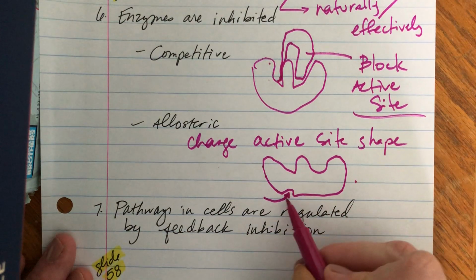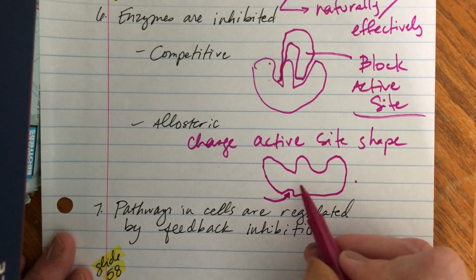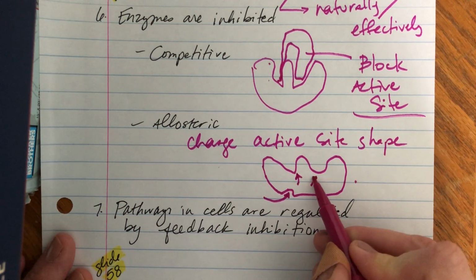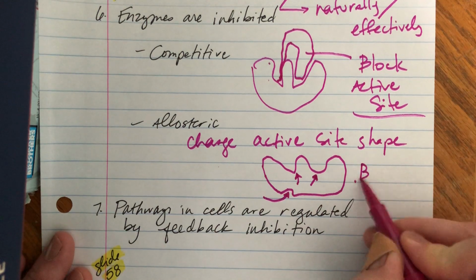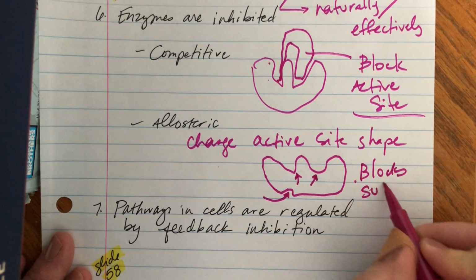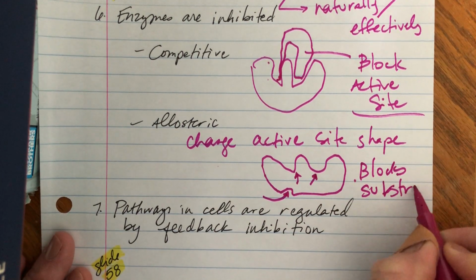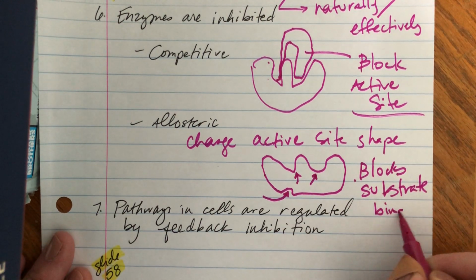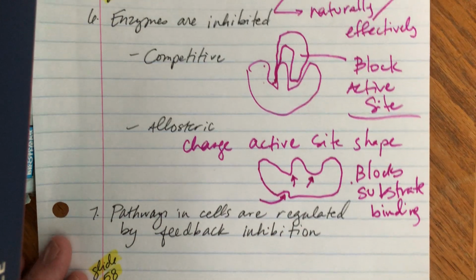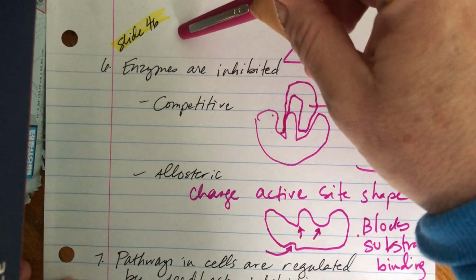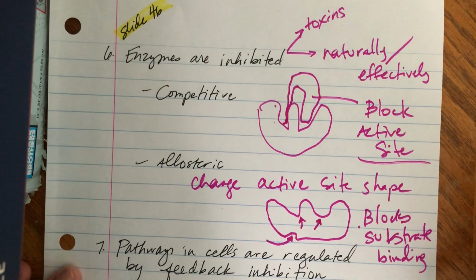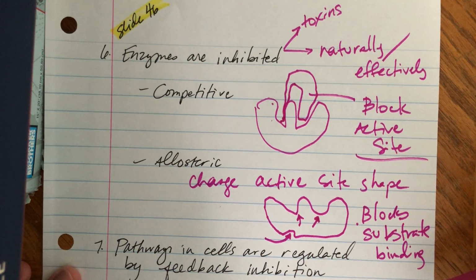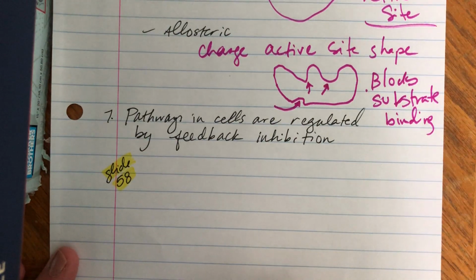So these inhibitors bind here, perhaps, and then that induces a shape change in the active site, which then blocks substrate binding. All right, so more on that, slide 46. I would study that one. I don't think this is going to show up too complex on your AP exam coming in May, but I do think these are very important concepts to review.